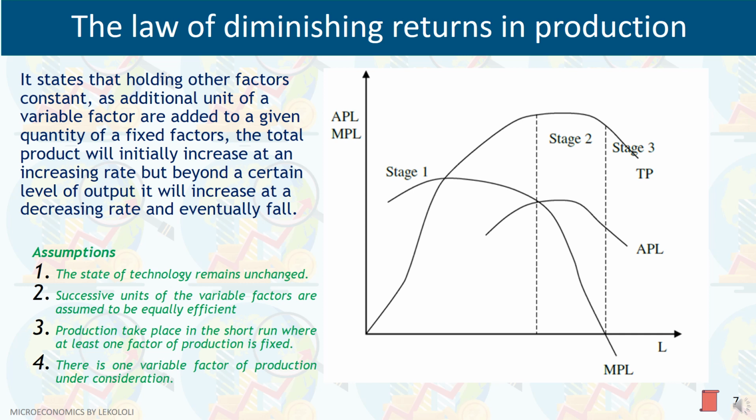In stage 2, this stage represents a decreasing return to the variable factors. In other words, as you continue to increase the variable factor, your total product still goes up, but it is increasing at a decreasing rate. Both your marginal product and average product are positive, but they are falling at this point.